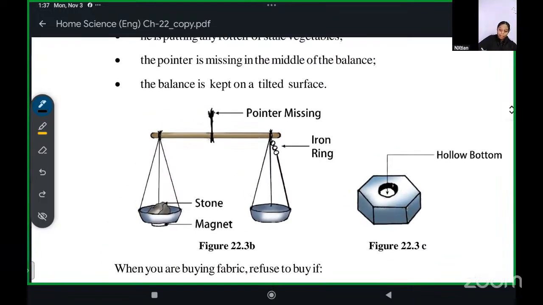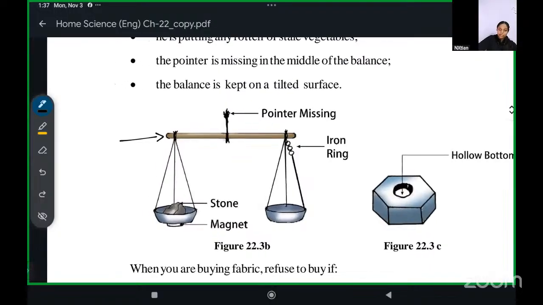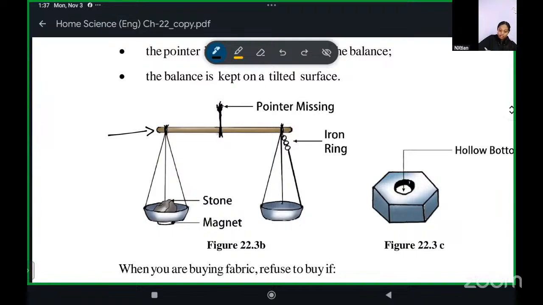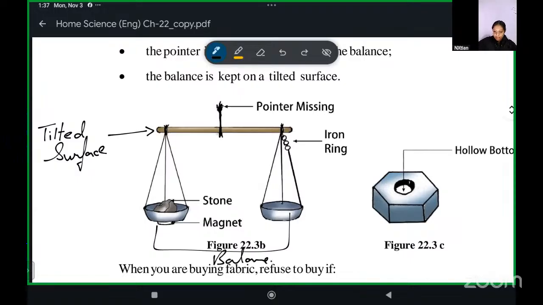If you want to know, this rod is your tilted surface, which is basically holding your balance. This whole thing is your balance, and this thing is the pointer.